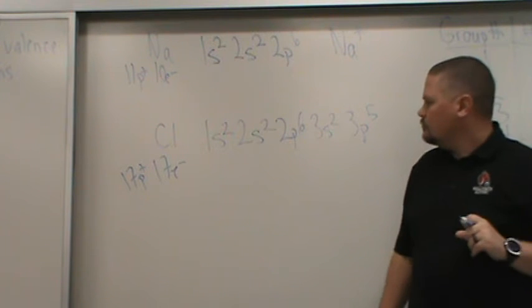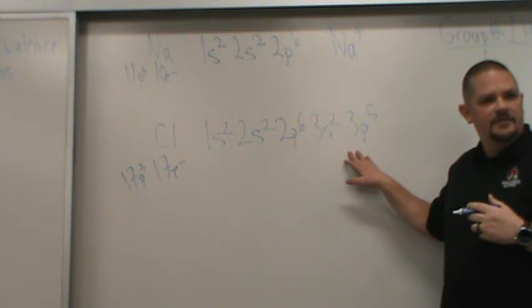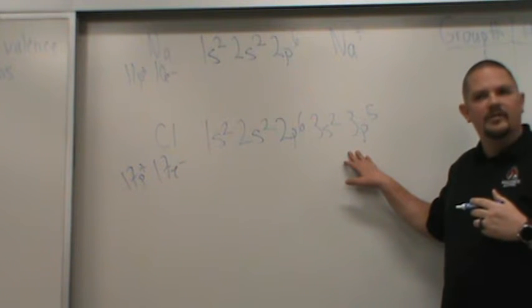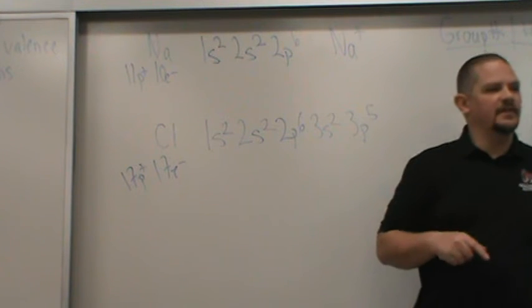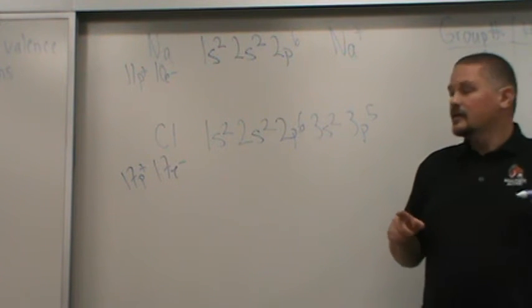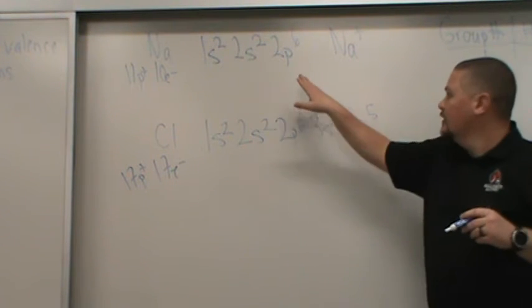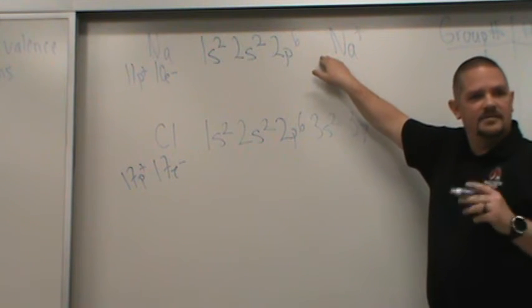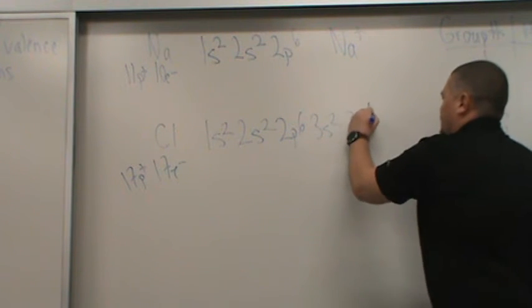Okay? Now chlorine, we said that it had 7 valence electrons. Would it be easier to gain 1 more electron or to lose all 7? Gain 1 more. So what's going to happen if we had sodium and chlorine next to one another? That 1 valence electron in the 3s that sodium had is going to go to chlorine.